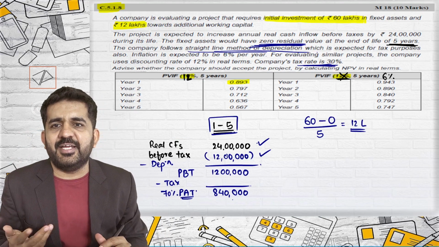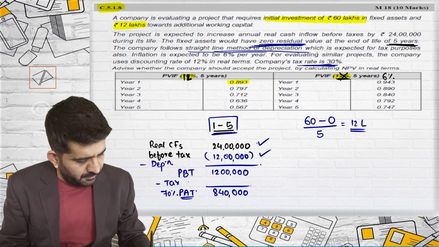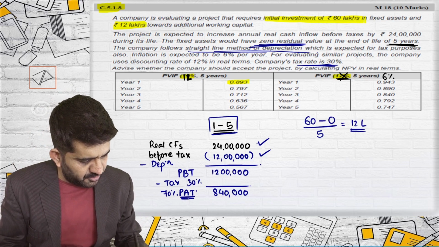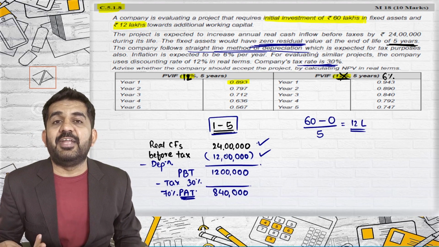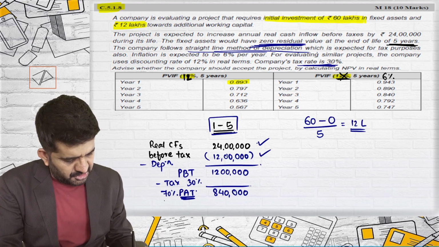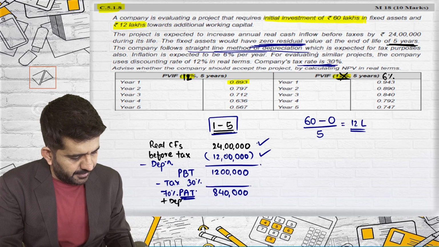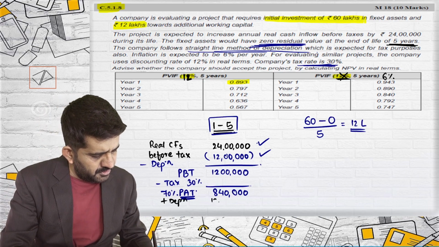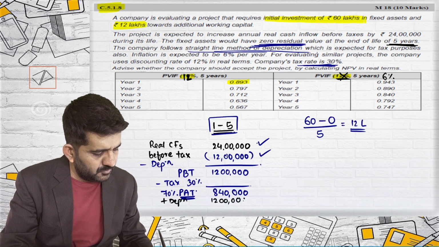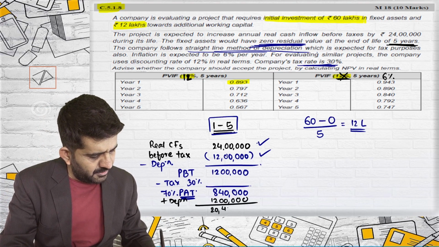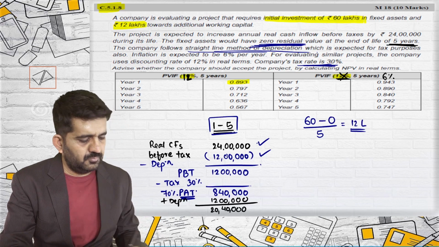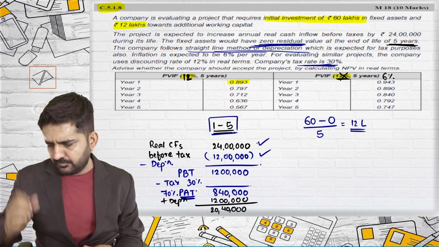All of you are knowing this, right? This will be 30%, so this will be 70%. But sir, I have deducted depreciation. Add back the depreciation. Plus depreciation is 12x. 20 lakh 40,000.